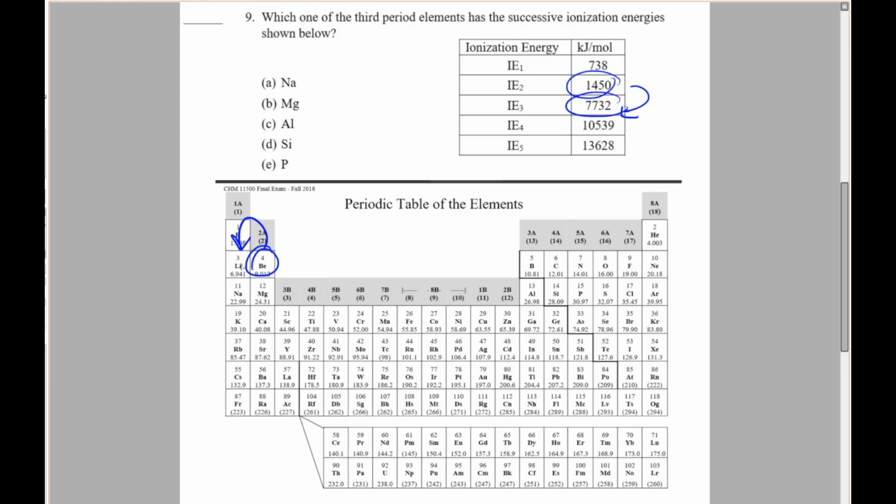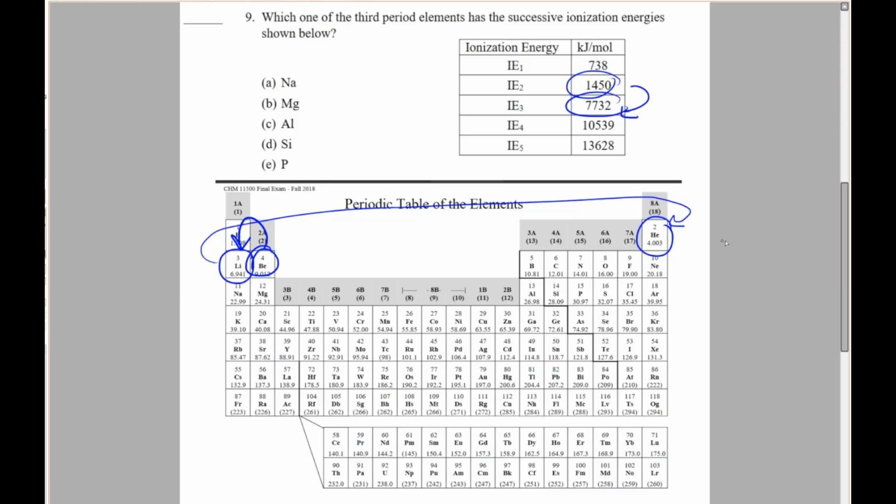The second ionization energy is also not that hard because we're going from lithium to being isoelectronic with helium, which is more stable with a full octet. Lithium can afford to lose that one electron, so it's pretty happy doing that.